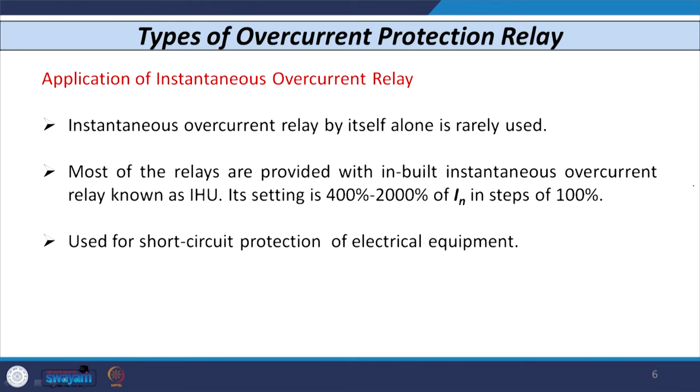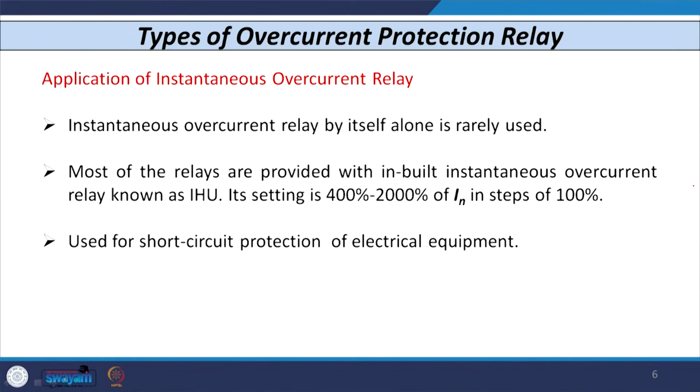So, with this background, let us see the application of the instantaneous overcurrent relay. It can rarely be used alone. We cannot use it as a single relay directly in the field for protection of transmission lines or distribution feeders. So, it is always used associated with some other type of relay.